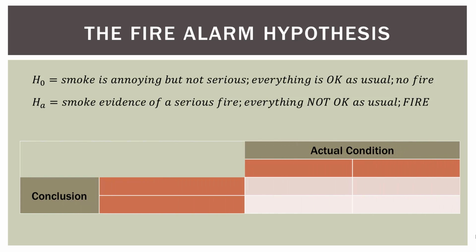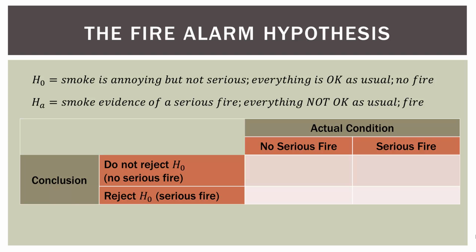Now we can set up a little hypothesis table here. So on the left-hand side, we have the conclusion we reach. And then on the top, we have the actual condition, or the actual state of reality. So let's go ahead and fill this in with some information. Now, on the conclusion side, we do not reject the null hypothesis, so no serious fire.